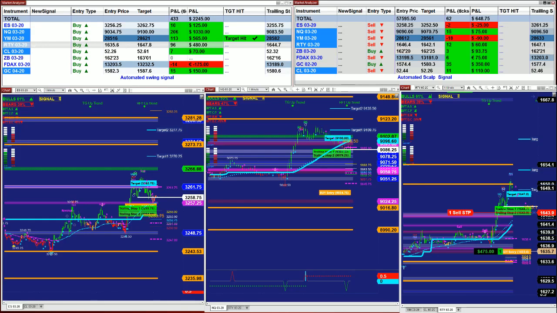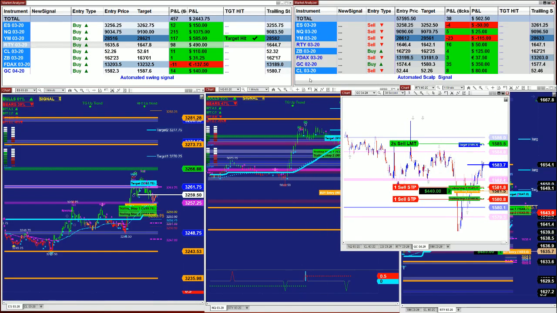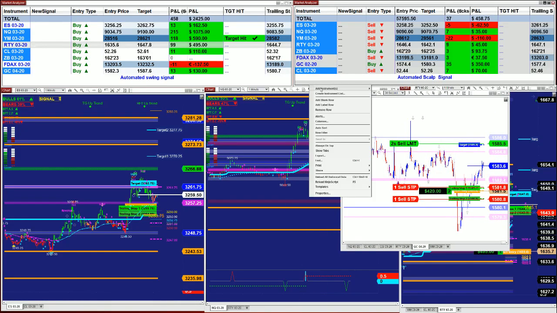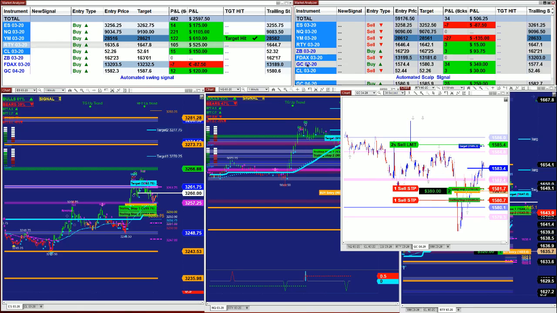We use a white chart, as you see here. If we take the gold, this one here, an old gold, we're going to add a new gold in there, and we're going to remove this one here.